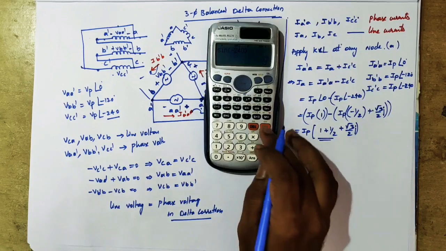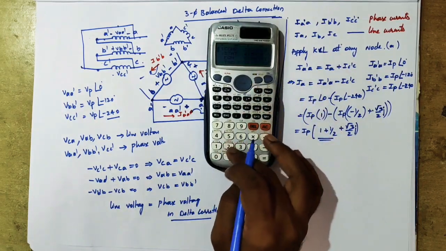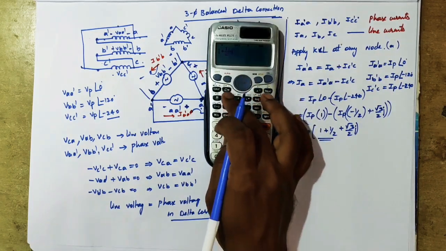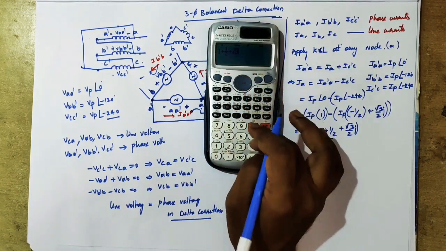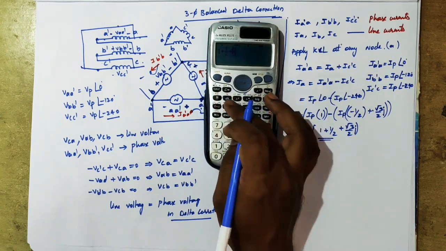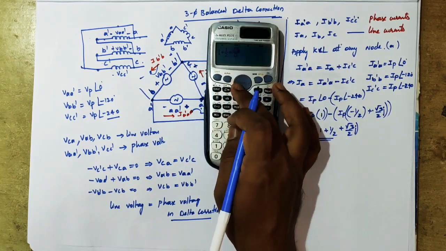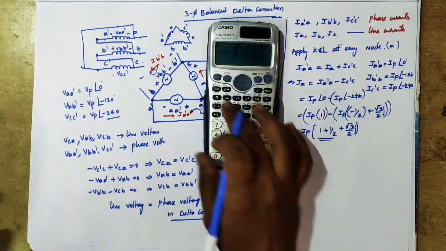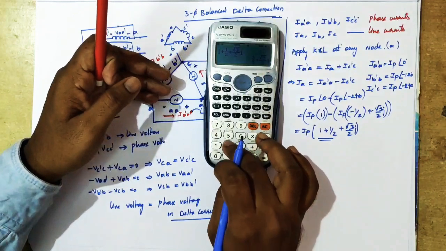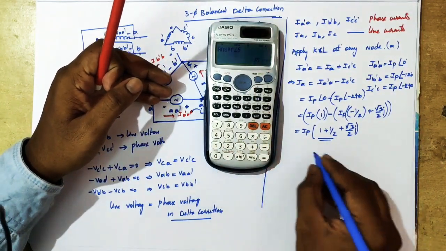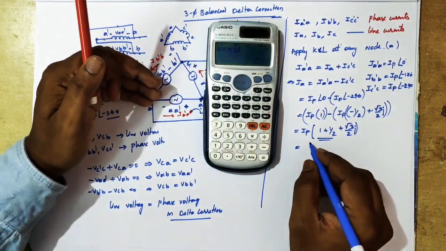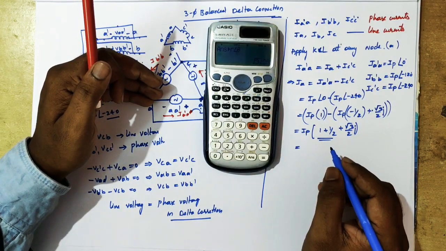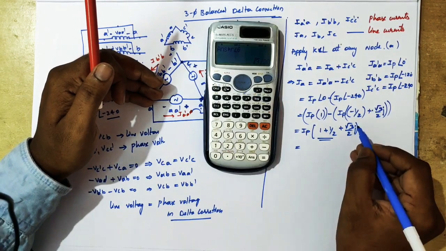So further calculation, this 1 plus 1 by 2 plus root 3 by 2 j in complex mode. What you will get in polar form... I made a mistake here.